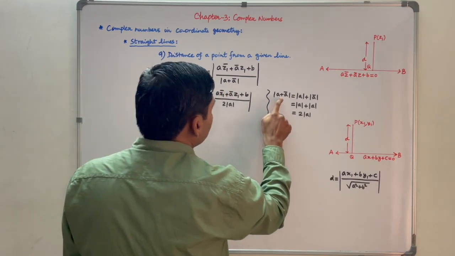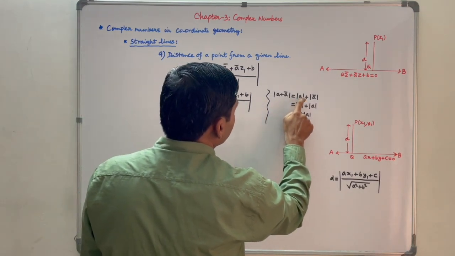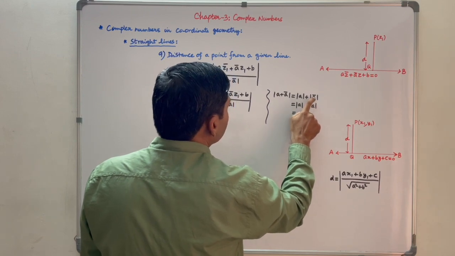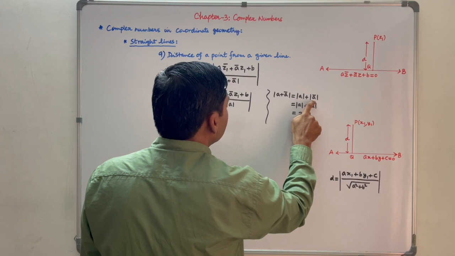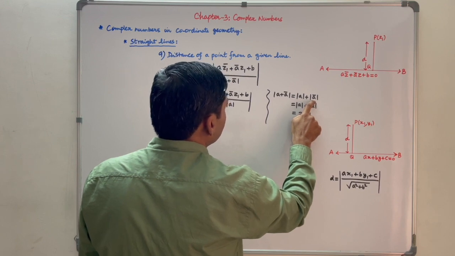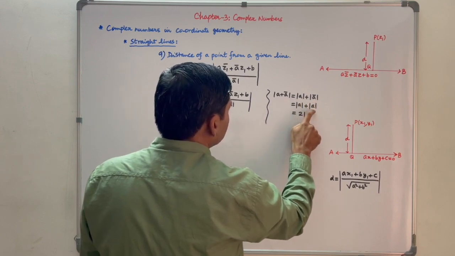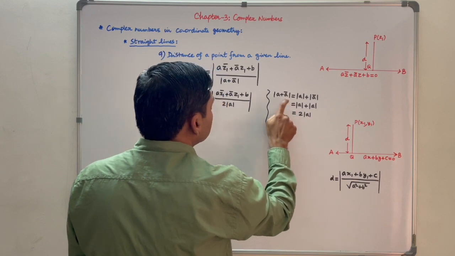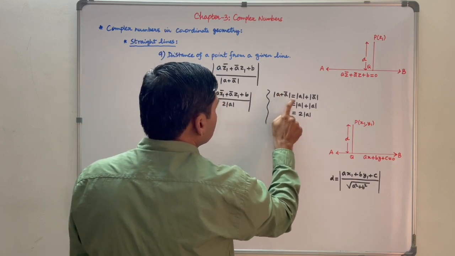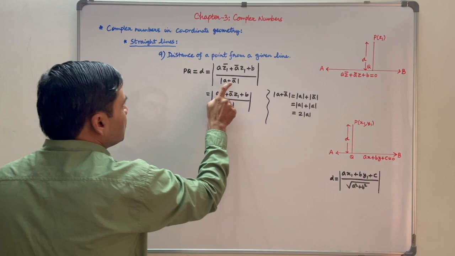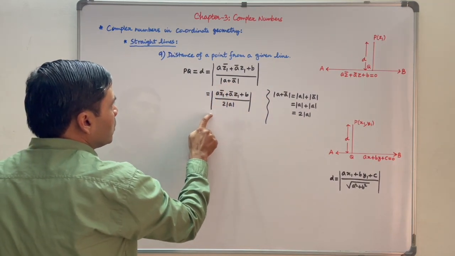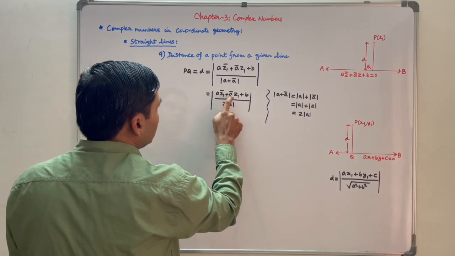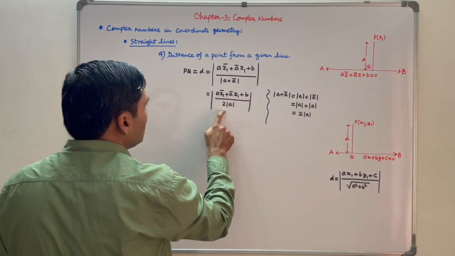Mod (a + a bar) is equal to mod a plus mod a bar. We know that the mod of a complex number and the mod of its conjugate are equal. So we can write mod a plus mod a, that is 2 mod a. That is, mod (a + a bar) is equal to 2 mod a. So we can put this value here to get d is equal to mod of (a z1 bar + a bar z1 + b) upon 2 mod a.